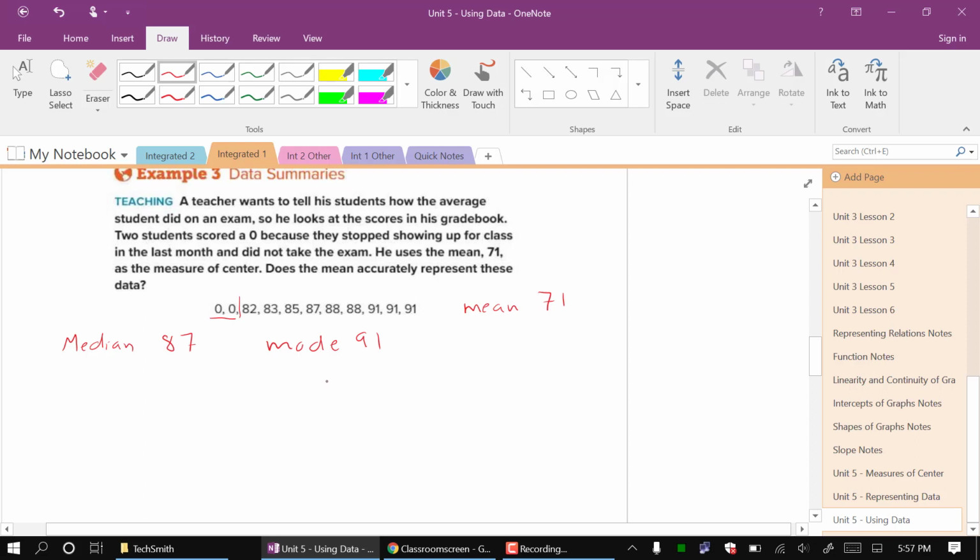The median of 87 is not affected by the 0, the low score, or the 91, the high score. It's right in the middle of what all the students scored. So this is going to be a little bit better.